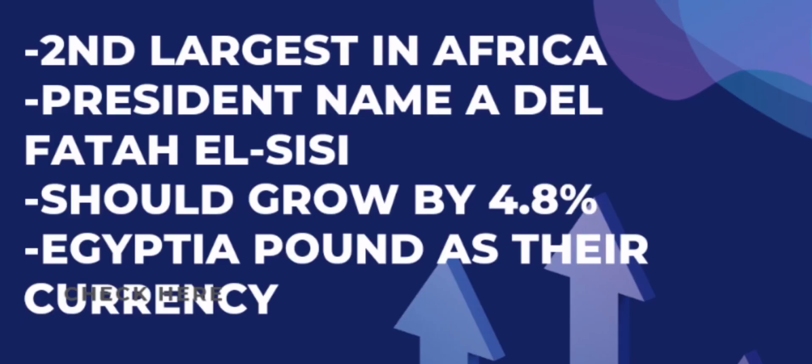The country's economy is the second largest in Africa after Nigeria in terms of GDP, that's gross domestic product, and 33rd in worldwide ranking. The president of Egypt is called Abdel Fattah el-Sisi. People like to call this guy el-Sisi.